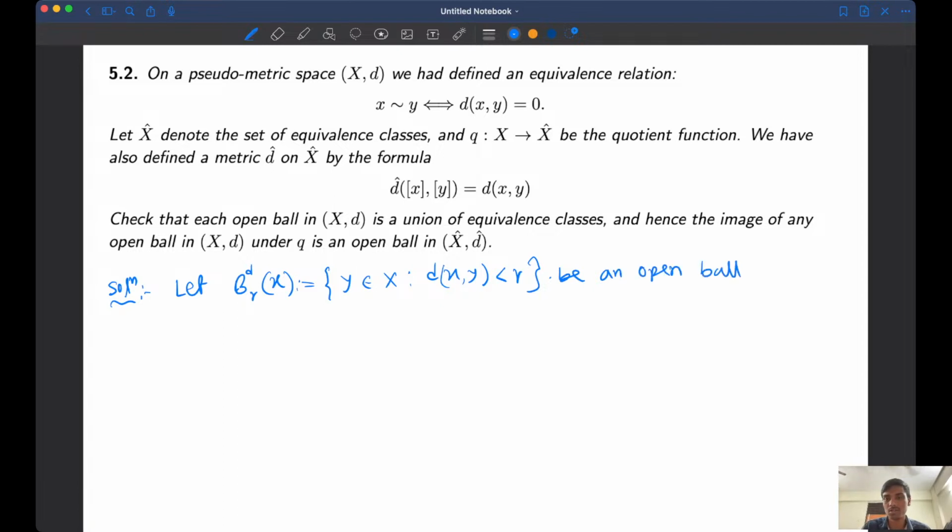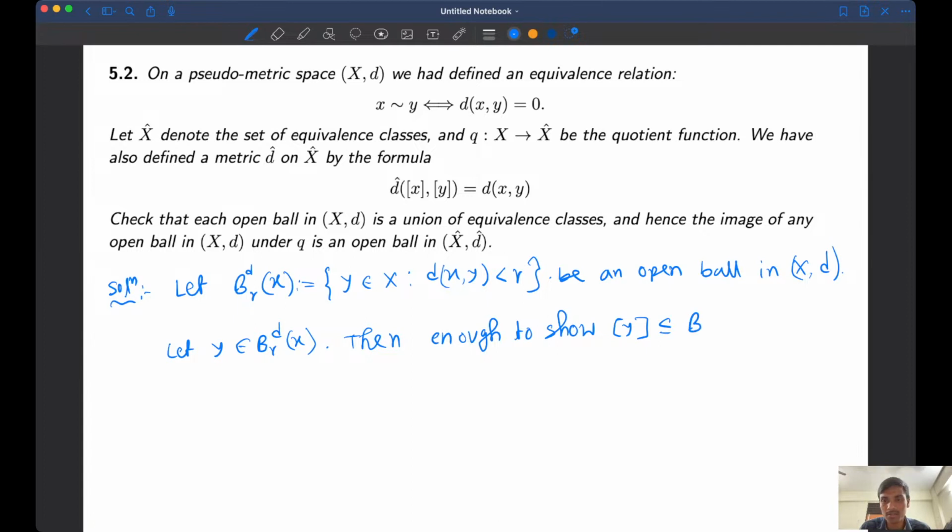Take an open ball in X d. Suppose a point belongs to it, so let y belong to B_r^d(x). Then it is enough to show that the whole class of this y is contained in B_r^d(x).